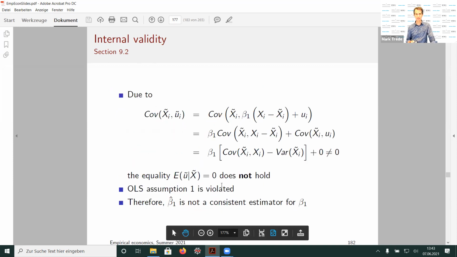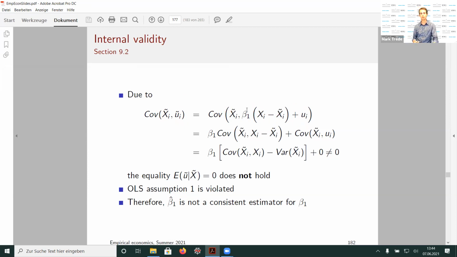If we did that, we can compute the covariance between the measured x values and the error term. We rewrite the error term in terms of the measurement error and the true error term. Then we use the rules for covariances. So we get out the beta 1 here.